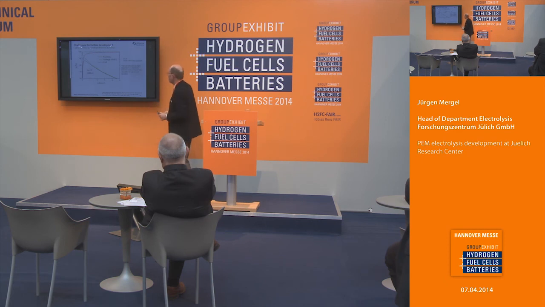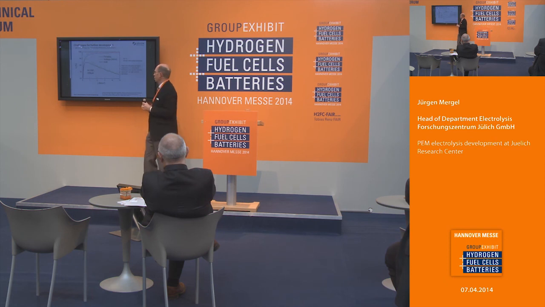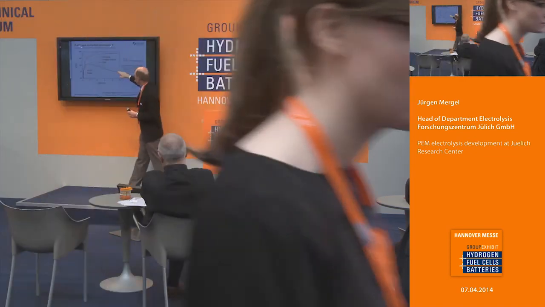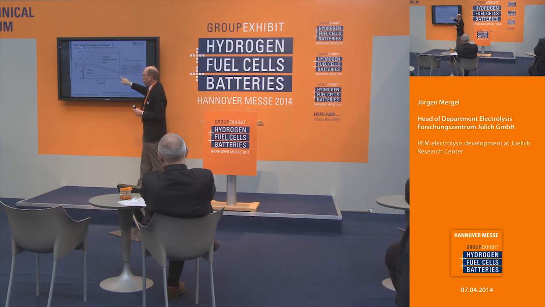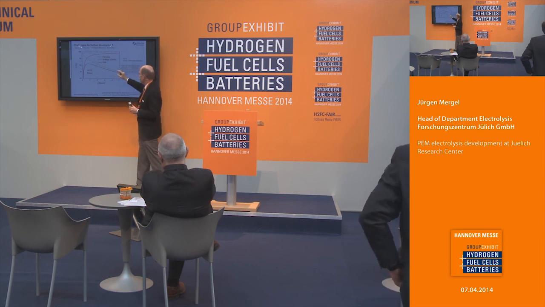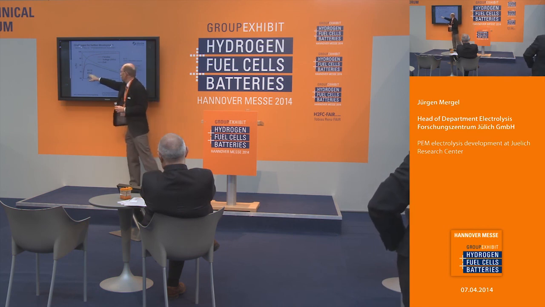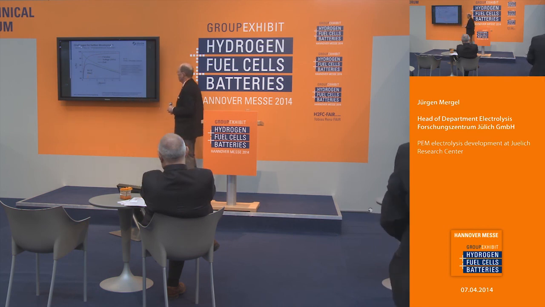Next, please. And if you look at the different membranes, you can see, if you go to very thin membranes and to higher current densities, especially higher than 2 amps per square centimeter, you can increase the total efficiency with these very thin membranes, Nafion 112, which are in the range of only 60 micrometers.